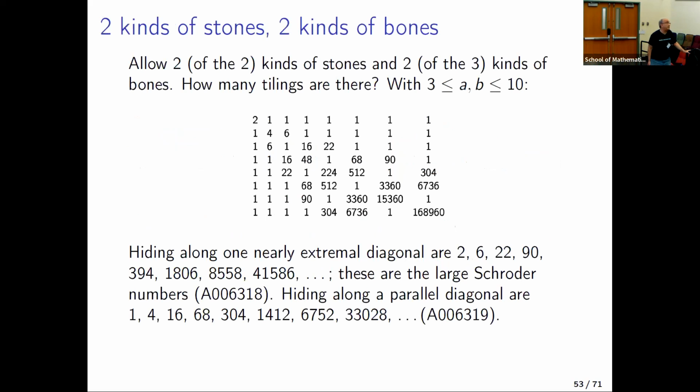What if we allow 2 kinds of stones and 2 kinds of bones? Here's a table. And this has the wedge thing where for A and B, actually, I should probably not even show those ones outside that wedge, because there A and B do not satisfy those inequalities.